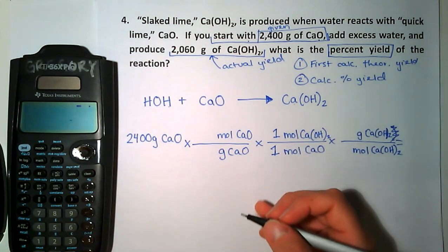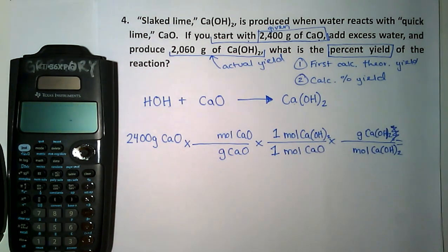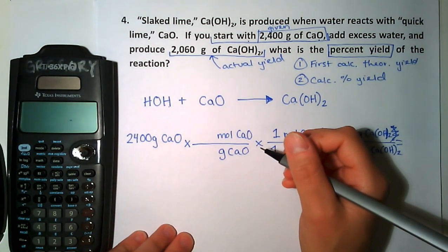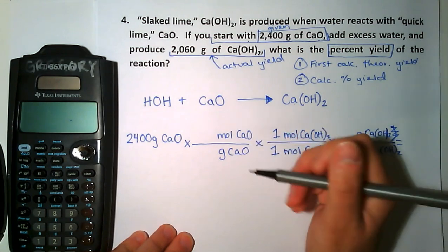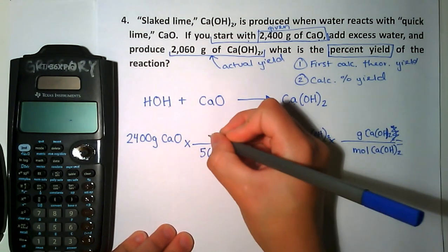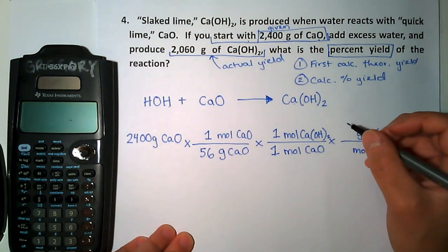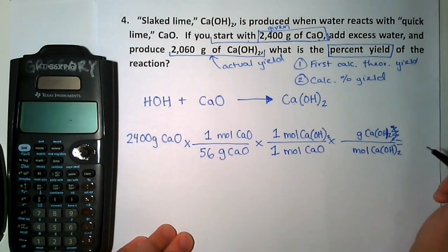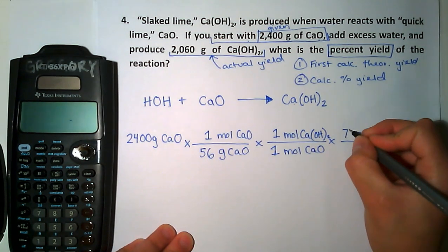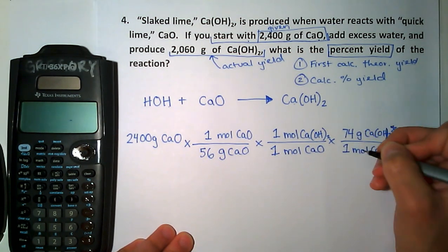So to do that, we're going to use our periodic table and add up the molar masses of each of the elements that make up our compound. So calcium plus oxygen, the molar mass is 56 grams per 1 mole. And then calcium hydroxide, when you add up 1 calcium, 2 oxygens, and 2 hydrogens, it gives us 74 grams per 1 mole.